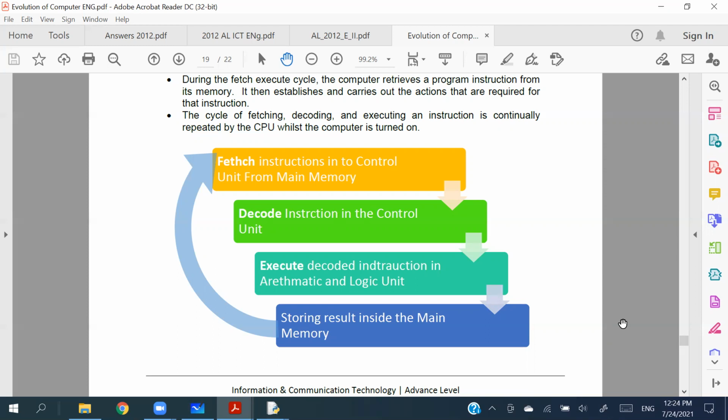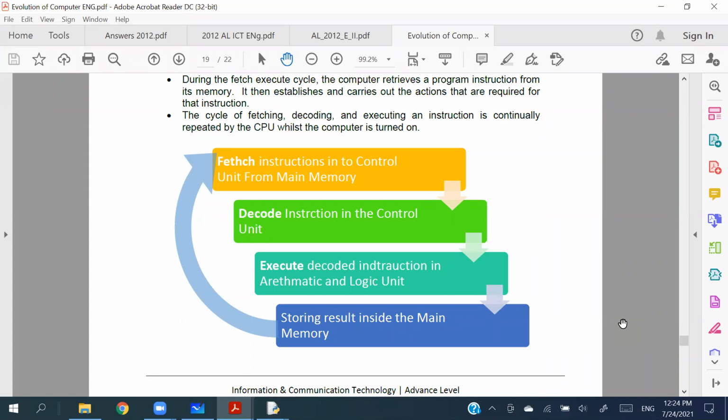Then it decodes the fetched data. Decoding means that when we fetch the data from the main memory, it is not in a form which can be understood by the ALU. So decoding means converting the data or the instruction into a form understandable by the ALU.